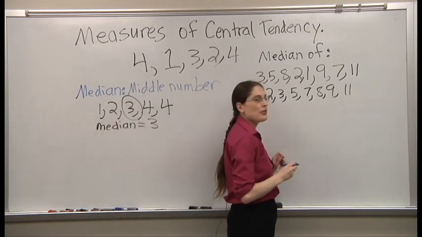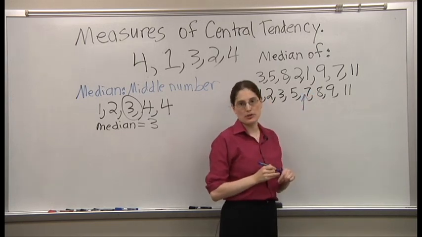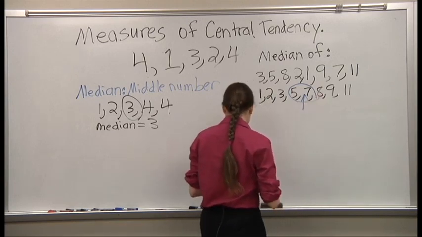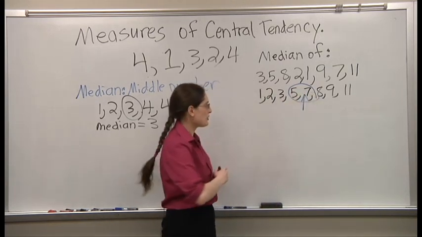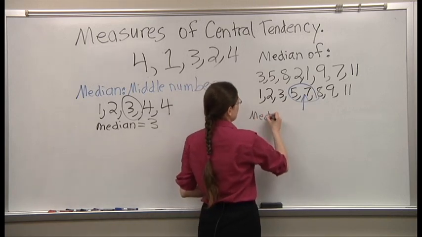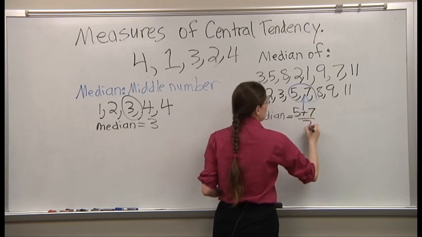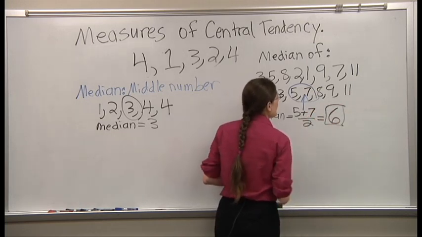But now the middle is between these two numbers. So you add them up and divide by 2. Which works out to 6.